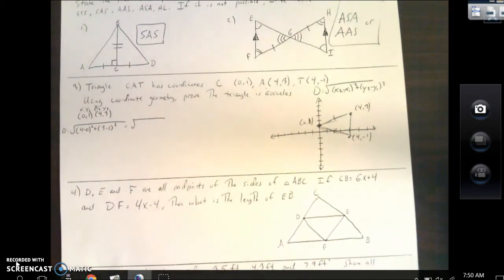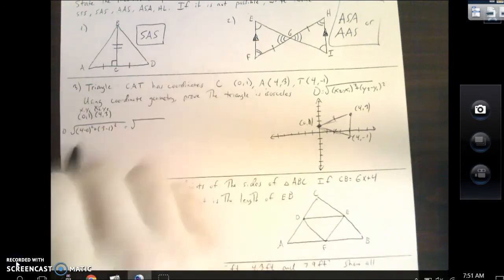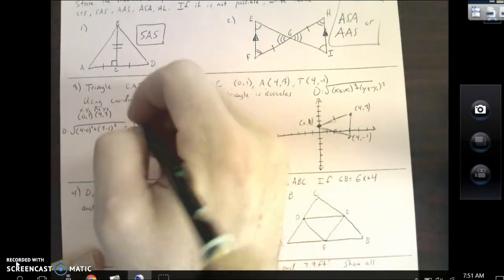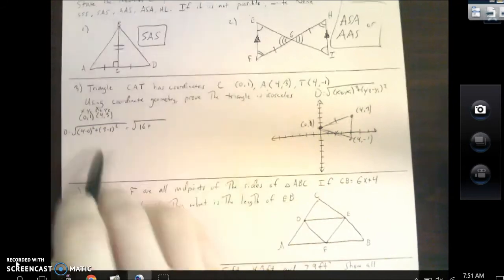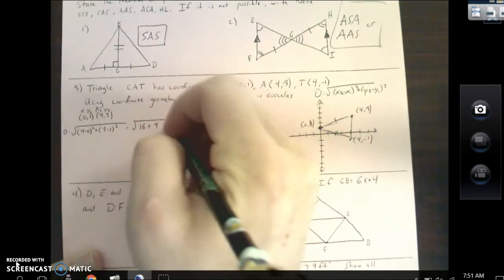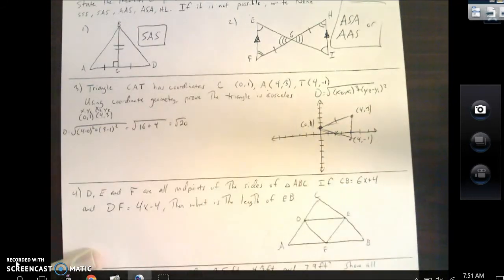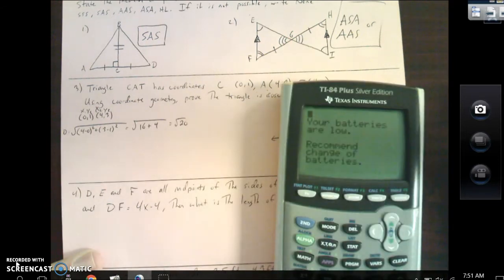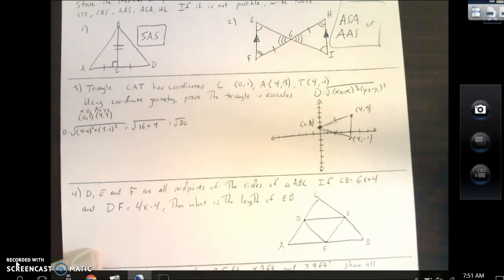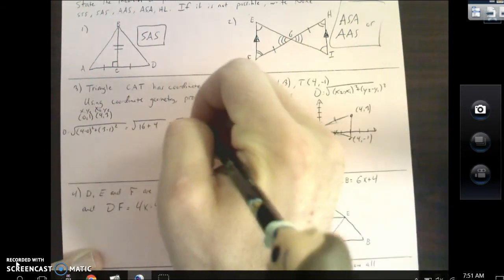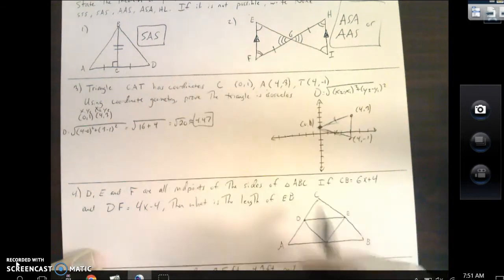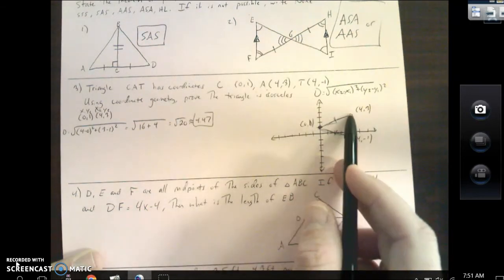So 4 minus 0 is 4, 4 squared is 16, 3 minus 1 is 2, 2 squared is 4, and then square root of 20. Square root of 20 gives me 4.47. So approximately 4.47. So that was from (0,1) to (4,3).